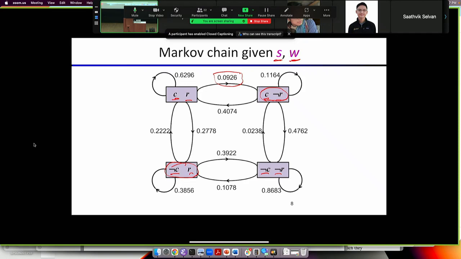So to run MCMC on this network, all I'm doing is a random walk around these 4 states, and each step is done by following a link here with the appropriate probability. If I'm in this state, I follow that link with probability 0.0926. I follow this link, which is a self-loop, with probability 0.6296, and so on. Okay? So I wander around in this graph with these probabilities for the transitions, and then I average what I see, and what I see will converge to the correct posterior probability given sprinkler and wet grass.